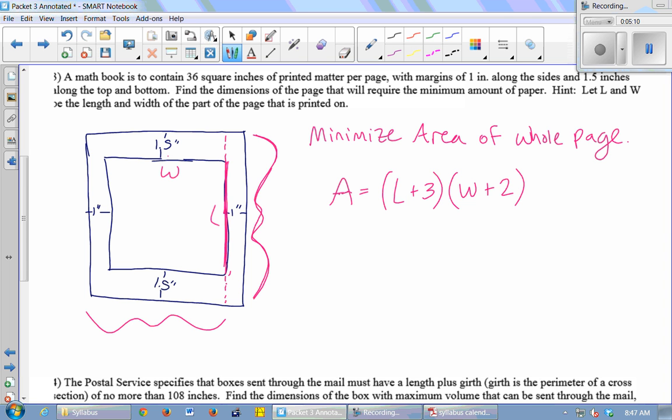Okay, so I now have a formula for area, but the problem is that it has two variables in it, a width and a length. Is there any more given information that I could use in order to substitute in for one of my variables?